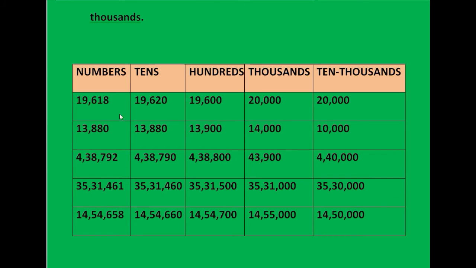To the right of this digit there are 4 digits, so we put 4 zeros: 0, 0, 0, 0. Therefore, we can round off the numbers to the tens, hundreds, thousands and 10,000s.